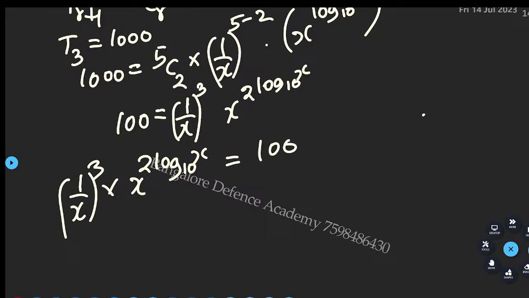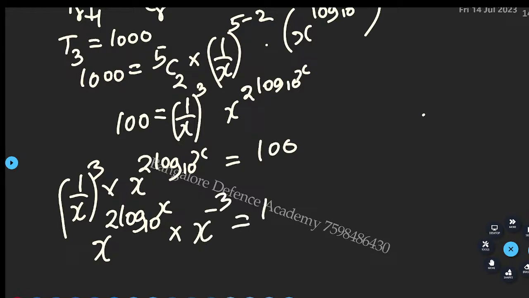Now this x, if I take it to the numerator, what will happen? Minus. So x into 2 log x base 10 into x to the power of minus 3 is equal to 100. Can I write it like this?